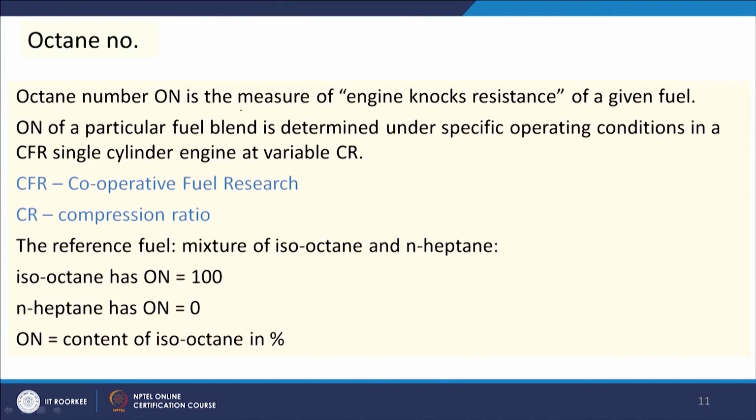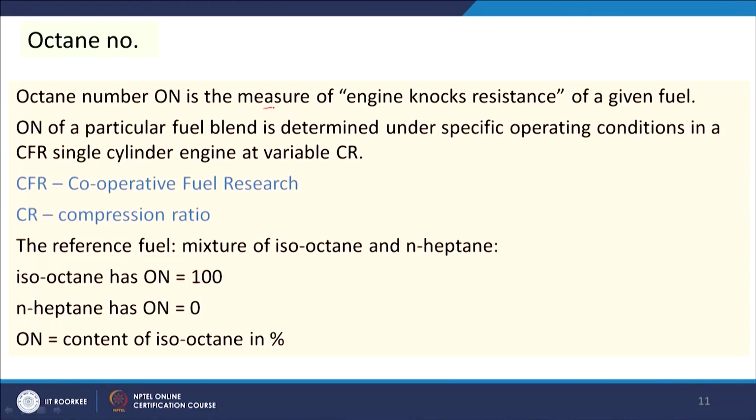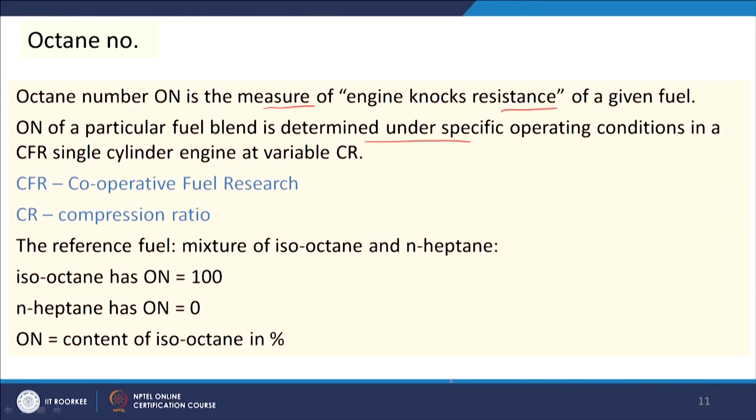So, this is one important property of gaseous fuel. Octane number we have already discussed, that it is related to the anti-knock property. The octane number is the measure of engine knock resistance of a given fuel, and the octane number of a particular fuel blend is determined under specific operating conditions, as we have discussed in the case of petroleum and different petroleum products, particularly gasoline. A similar test is done for testing the knocking property of gaseous fuel, and here the definition of octane number is the same as we have discussed.